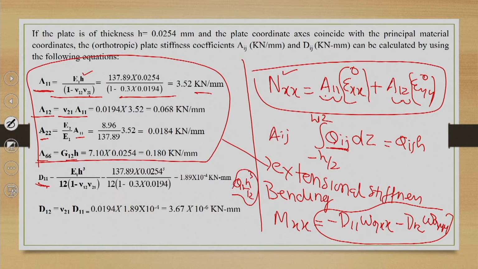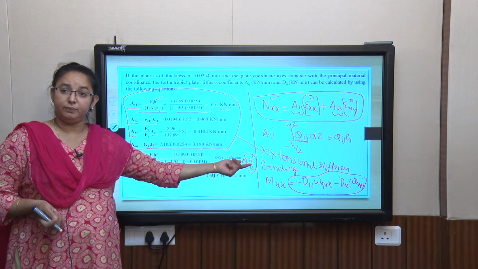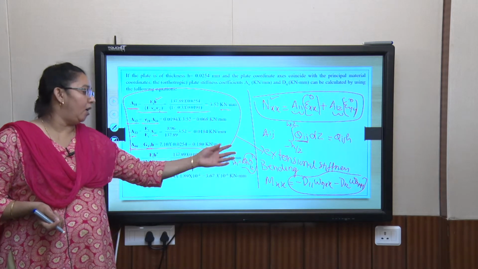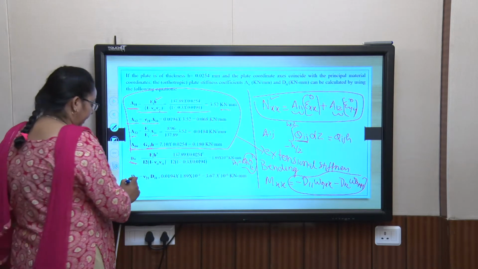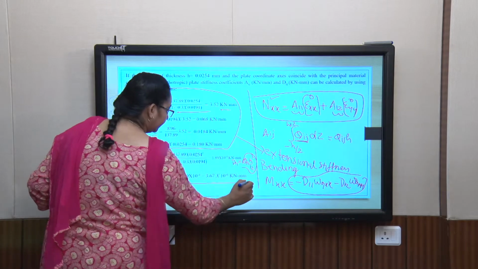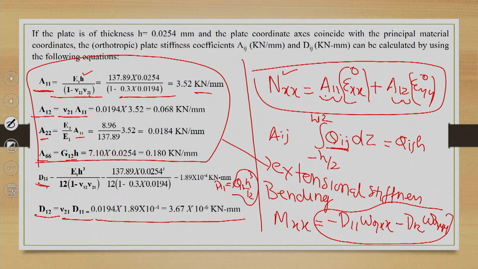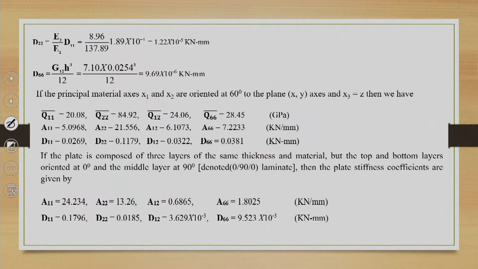If somehow you know Q11, you can calculate D11, or if you know D11, you can calculate Q11. Similarly, D12 one can calculate. The unit should be small k, there is some mistake, kilonewton. Then D22, Q66.